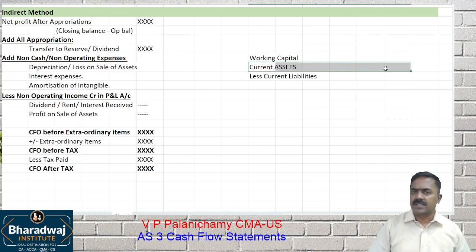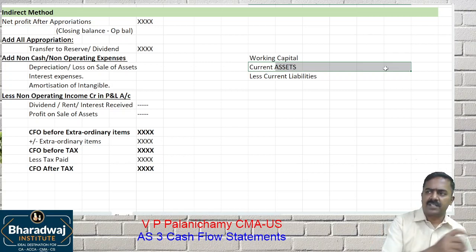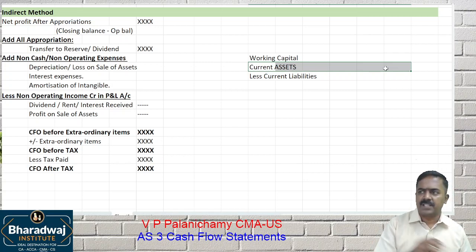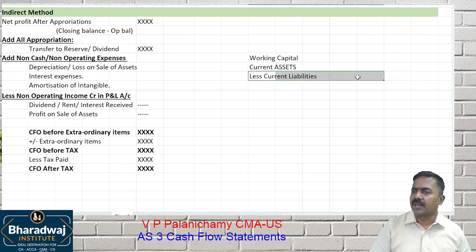What do you mean by current assets? Money kept in stock, debtors, prepaid expenses, advance payment, cash and bank balances, like that. What do you mean by current liabilities? Short-term obligations payable, for example creditors, outstanding expenses, things like that.